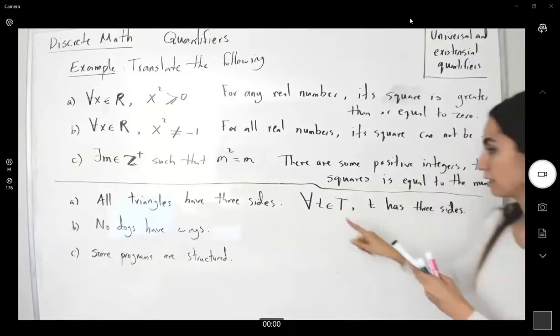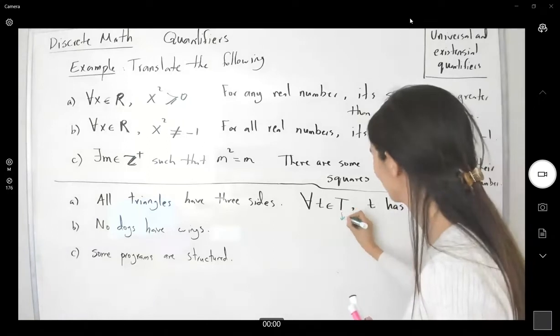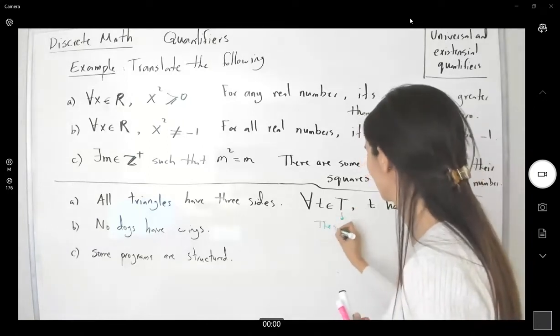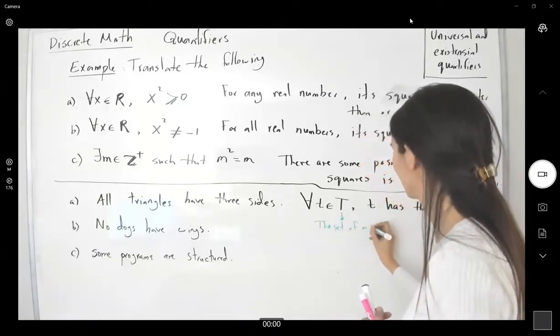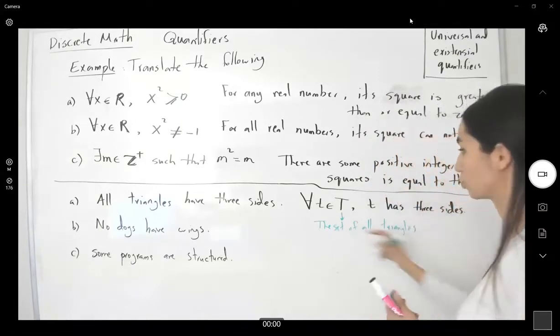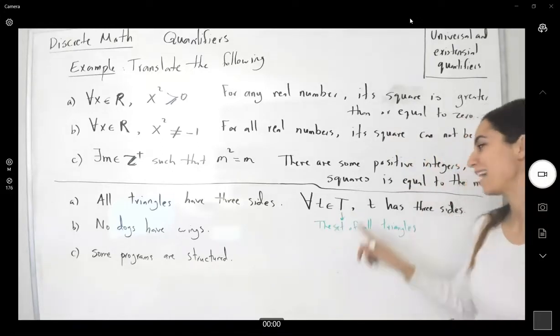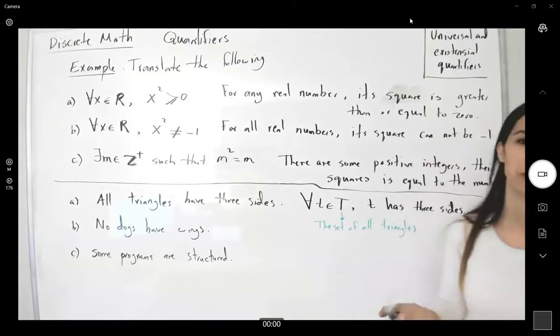And T is the set of all triangles. So you have to have your domain. Make sure you write the domain and then express the predicates.